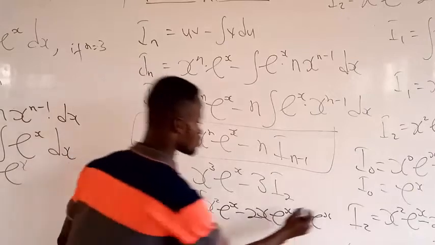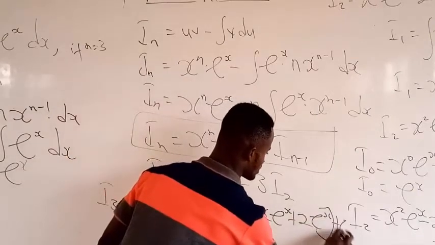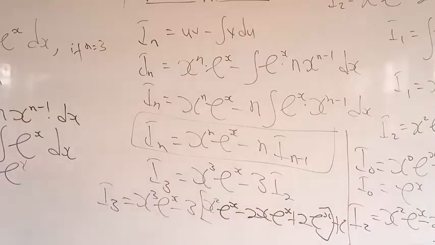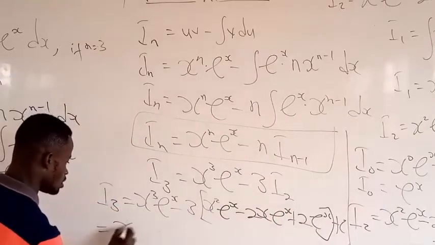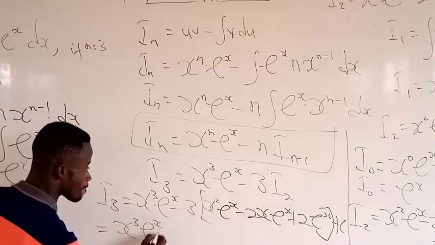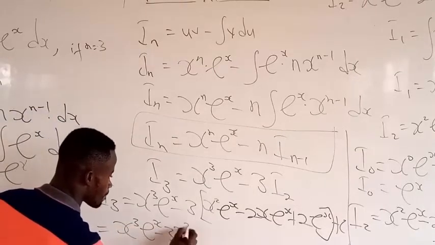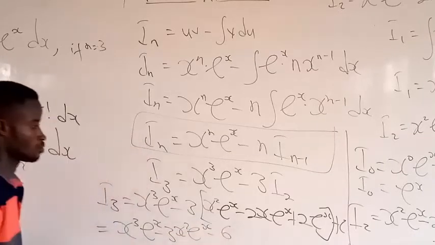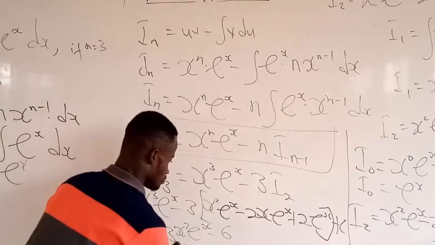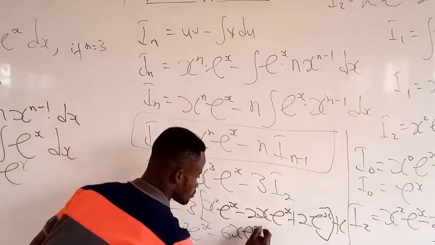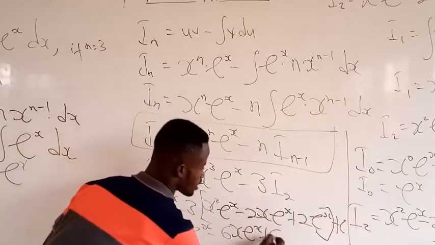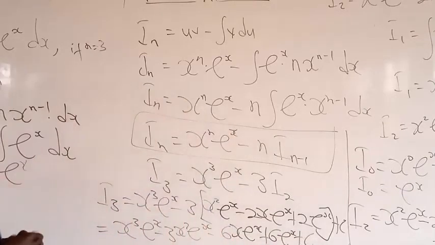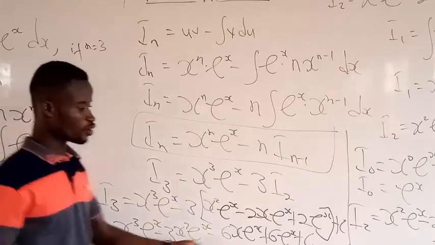Alright, and that's the last one. So plus c. So finally, the answer we are going to get is x cubed e to the power x minus 3x squared e to the power x plus 6x e to the power x minus 6 e raised to power x plus c. So finally, this is the answer we are going to get.